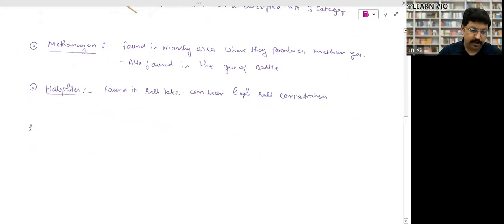And then the third category of bacteria is called thermoacidophiles.